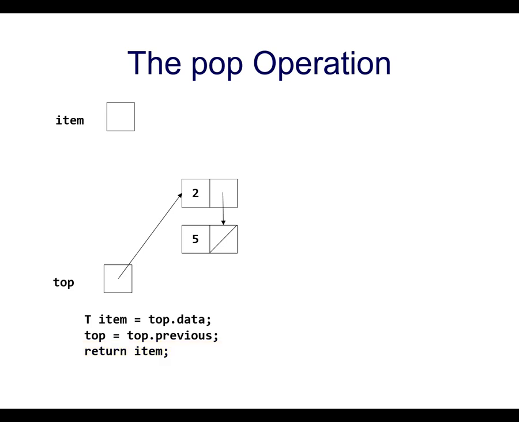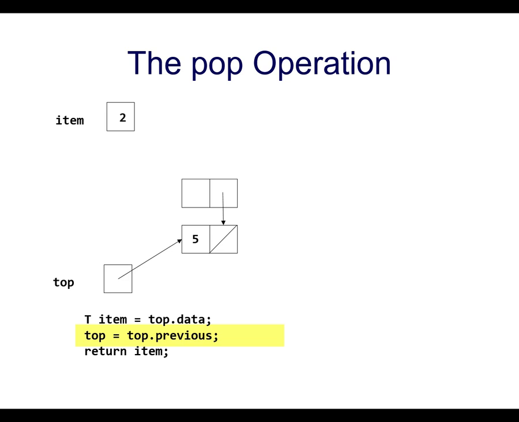At this point, the node that was popped becomes garbage because there are no longer any references to it. Automatic garbage collection returns it to the free pool of memory. Pop is now called a second time. The value 2 in the data member of the node pointed to by top is copied to the local variable.